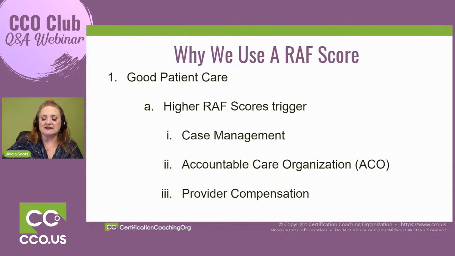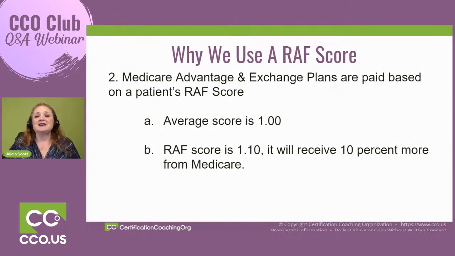Again, pretty fascinating. So, the second point, Medicare Advantage and exchange plans are paid based on a patient's RAF score. Now, the average RAF score for a patient is 1. However, that doesn't mean that everybody's a 1. In fact, most people are under a 1, especially if you're healthy. I'm going to show you some examples of that.